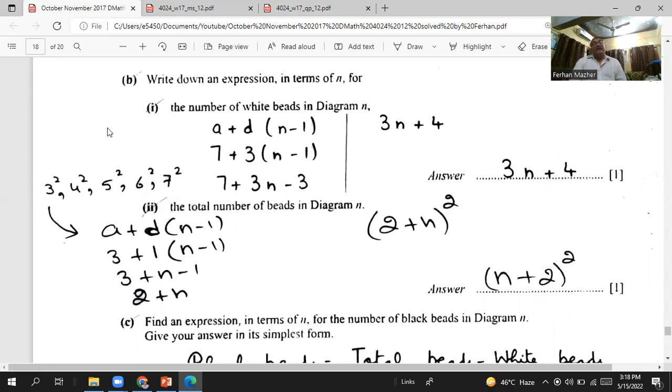Here you see I'm adding 1 and then taking the square. So a plus d bracket n minus 1, 3 plus 1 into n minus 1, it will be 3 plus n minus 1, so it will be 2 plus n. So it will be squared. So you will have 2 plus n square.